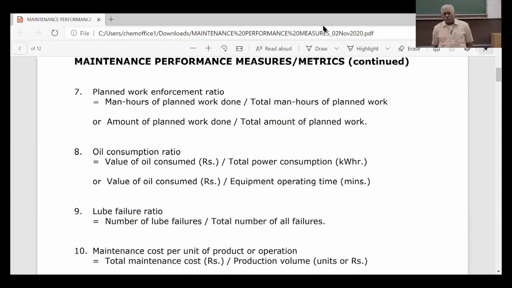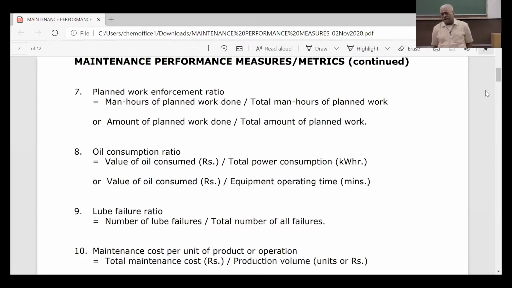It can also be amount of planned work done divided by total amount of planned work. It need not be only man hours. There can be some other equivalent of the planned work, especially when you go to project management literature.